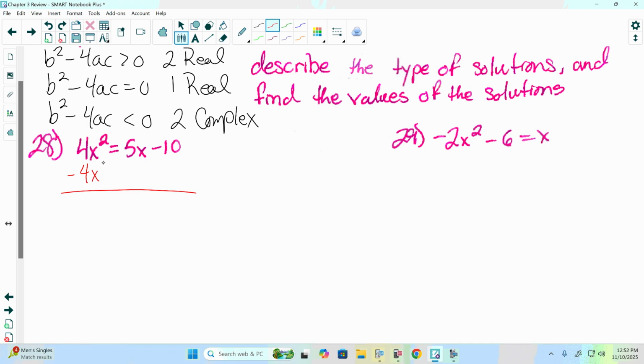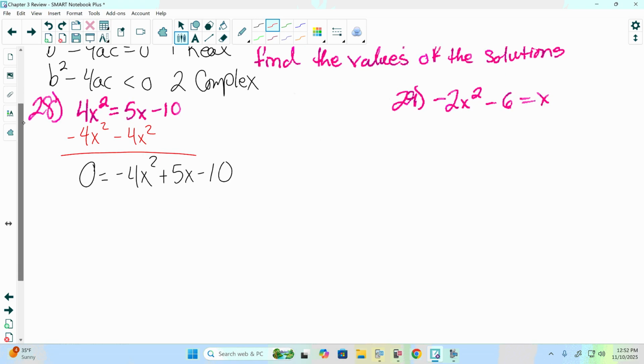What I would do is subtract 4x squared from both sides. Because the big thing is getting it equal to 0, not so much that the x squared is positive or whatnot. If I want to get it equal to 0, there are 2 directions we can go.